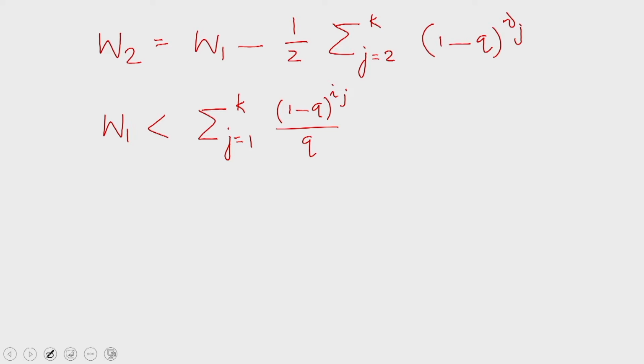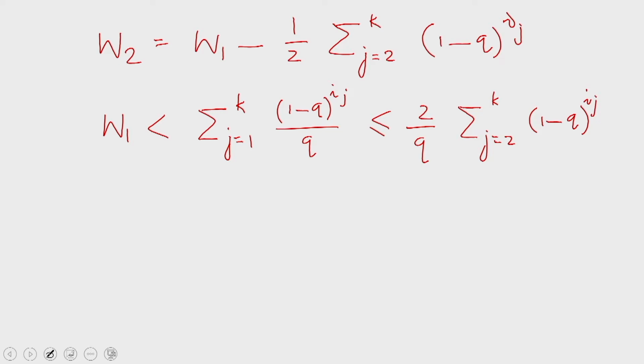That is, starting from 1 minus q power ij, we keep summing up to the infinity. Then we find that W1 is at most this much, which we can say is less than or equal to 2 by q times sigma j varying from 2 to k of 1 minus q power ij.